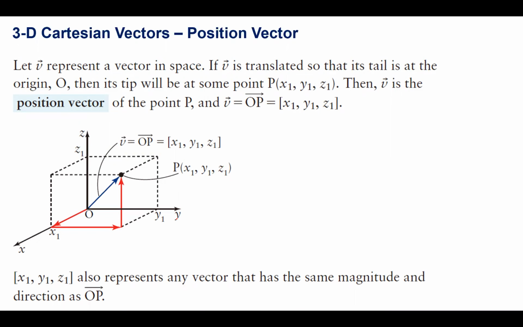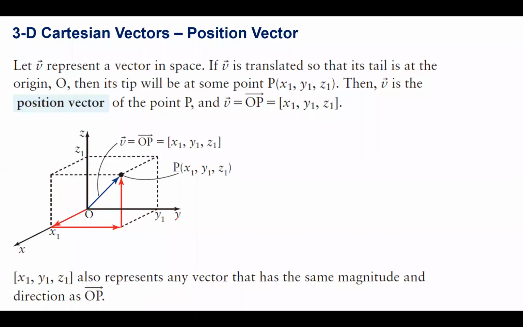So let vector V represent a vector in space. If vector V is translated so that its tail is at the origin O, then its tip will be at some point P with coordinates x1, y1, z1, right?